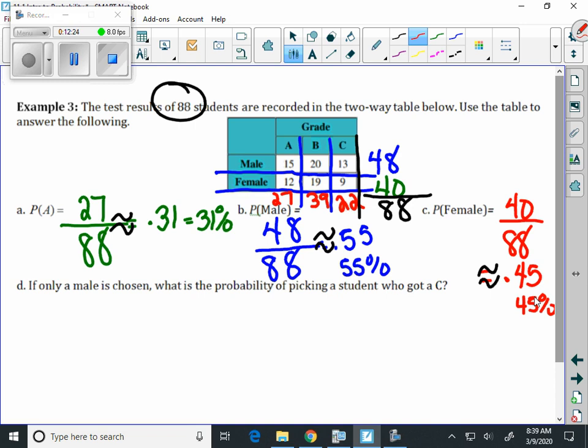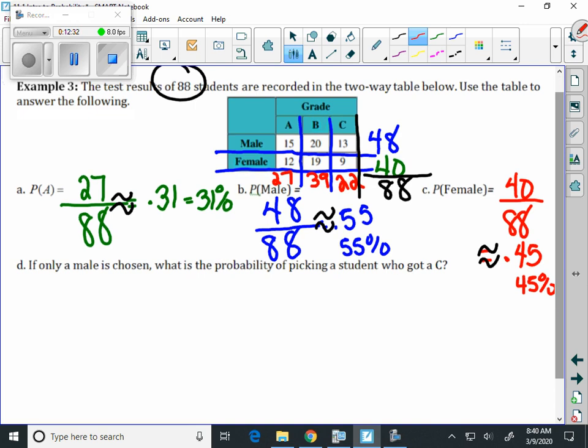Now if we look at part D, it says, if only a male is chosen. So we're only going to look at the male. And when we get down here, that's going to determine our denominator. That's going to be the total in this case. We've got a total of 48 male students.